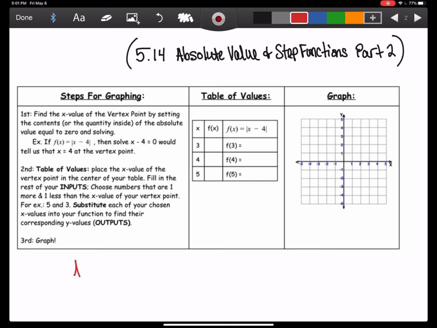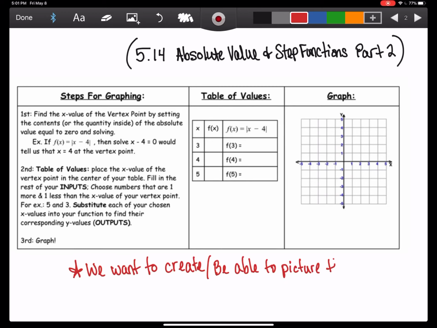We want to be able to picture the entire V, or at least a small version of the V. If we only graph one side of the V, then we won't know that we're actually looking at an absolute value graph. Or maybe it won't be as obvious.